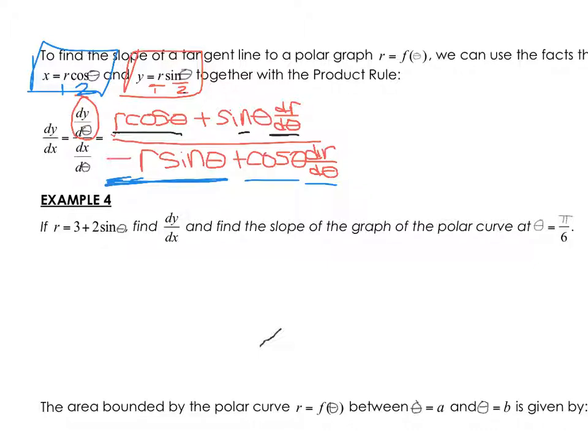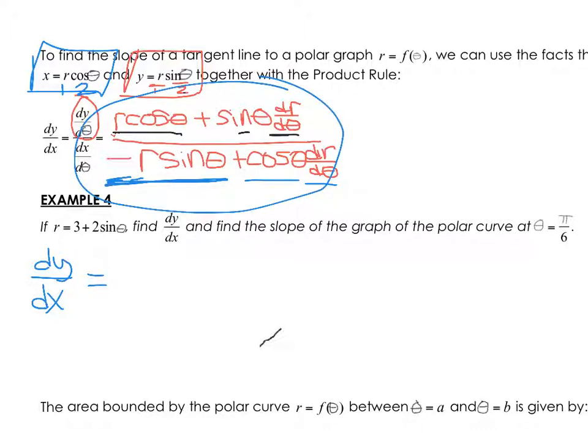Okay, so we know dy/dθ. We have this huge formula for it, so we're just going to dive right in. We're going to say that dy/dx equals, and I'm going to be using this huge formula from up there. So I need r times cosine theta. Well, they gave me r. r was 3 plus 2 sine theta, so I got that part.